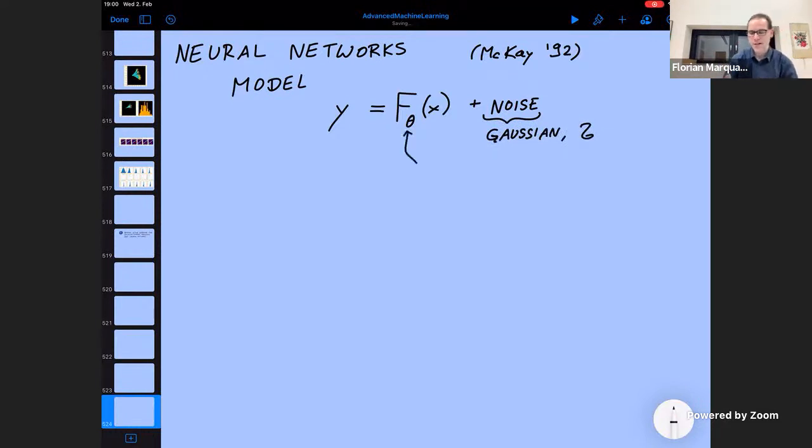Little change in notation. Now, since for neural networks, we always call the parameters theta, I want to do the same here. But of course, the meaning of theta here is still the same as in everything we discussed before. So this is our lambda. These are our model parameters.